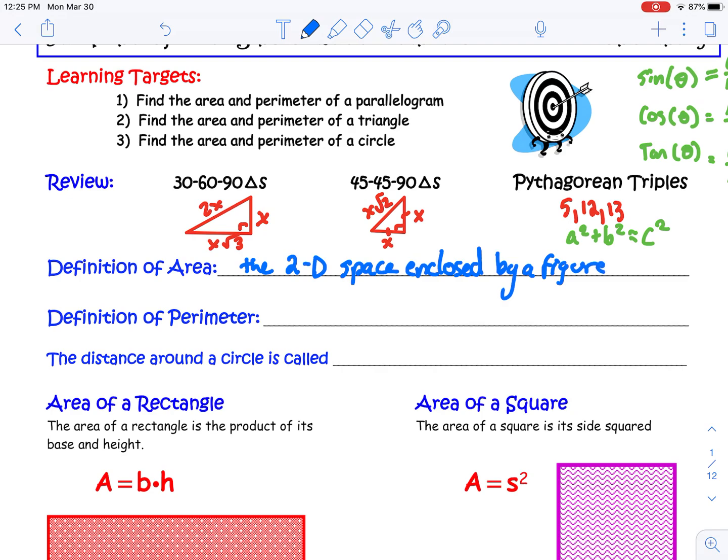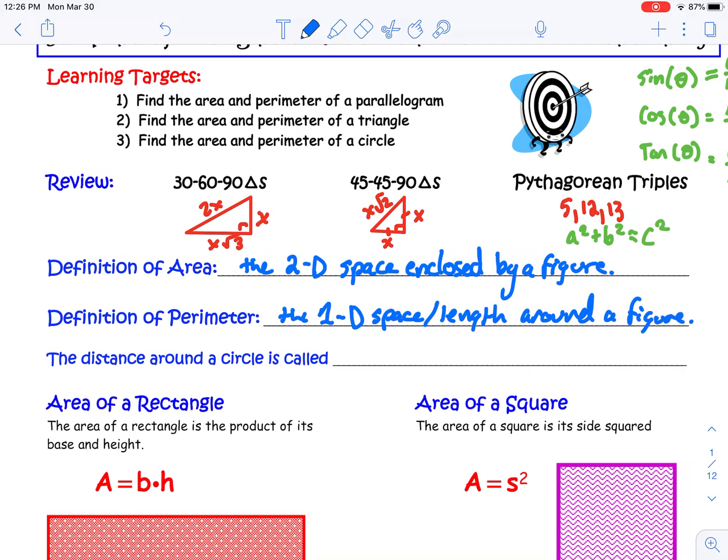In other words, it's the stuff inside a closed figure. How much stuff is in it? This is similarly related to the idea of perimeter, which is not the 2D space, it's the one-dimensional space, or length, around a figure.